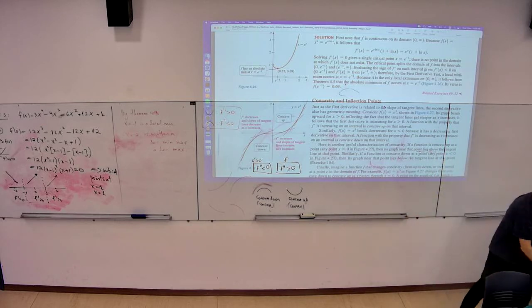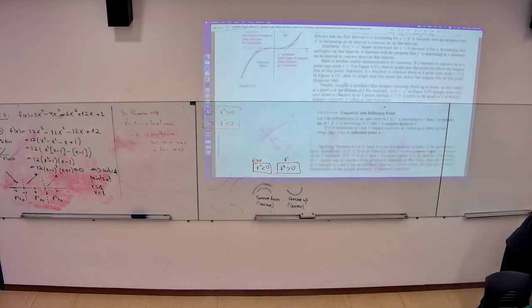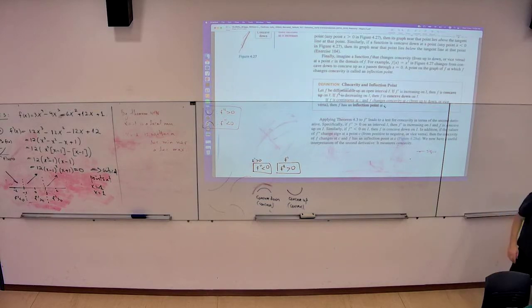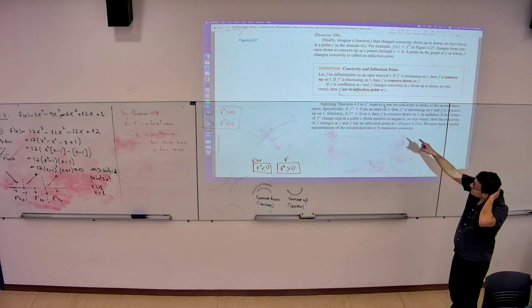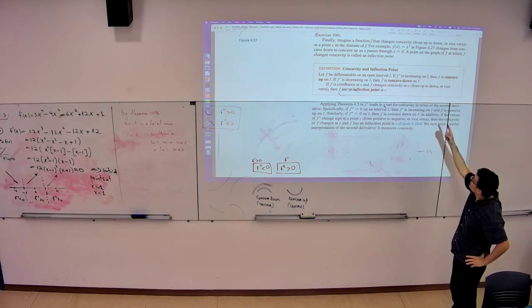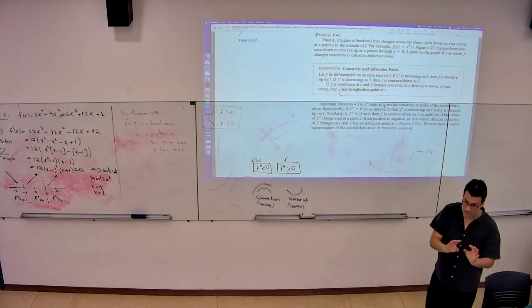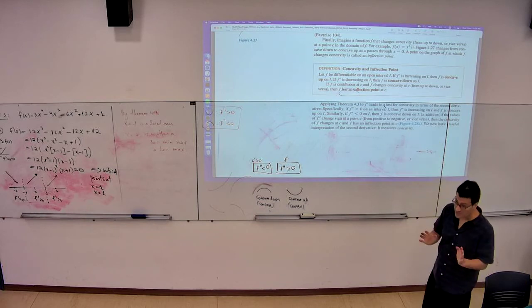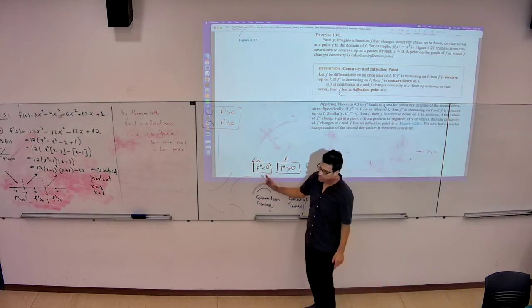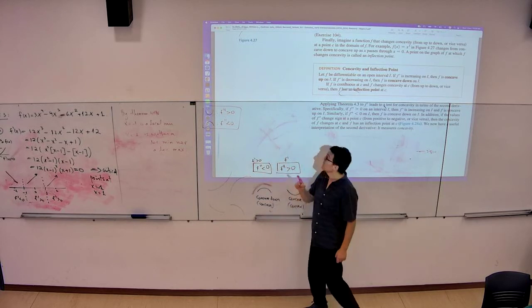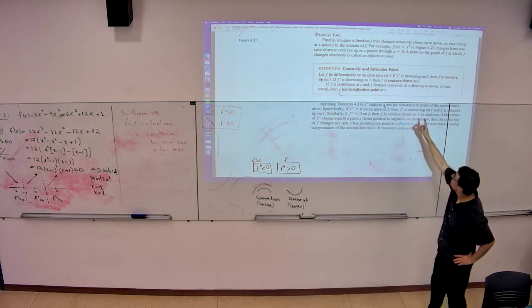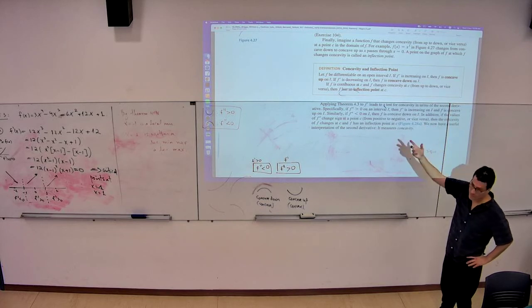So let's see what we can do in this case. There's actually a definition here, and this is the actual definition. If a function is differentiable on an open interval I, and if f prime is increasing, meaning the derivative of the derivative is positive, then the function is concave up, or convex.